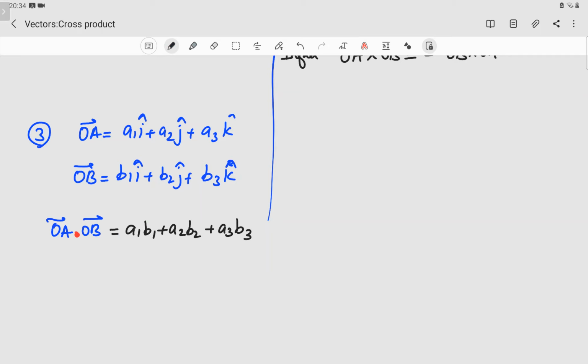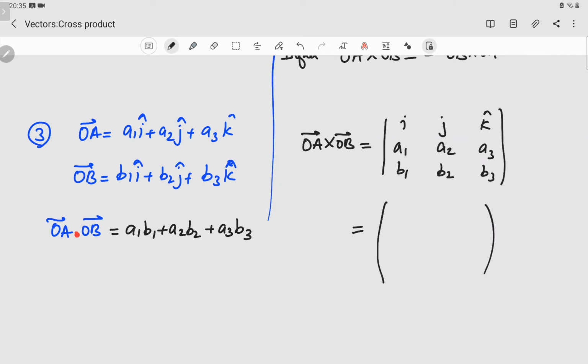And in case of cross product, OA cross OB is either represented by this determinant or, after it has been expanded and simplified, it becomes this thing. So these two are very different, okay?